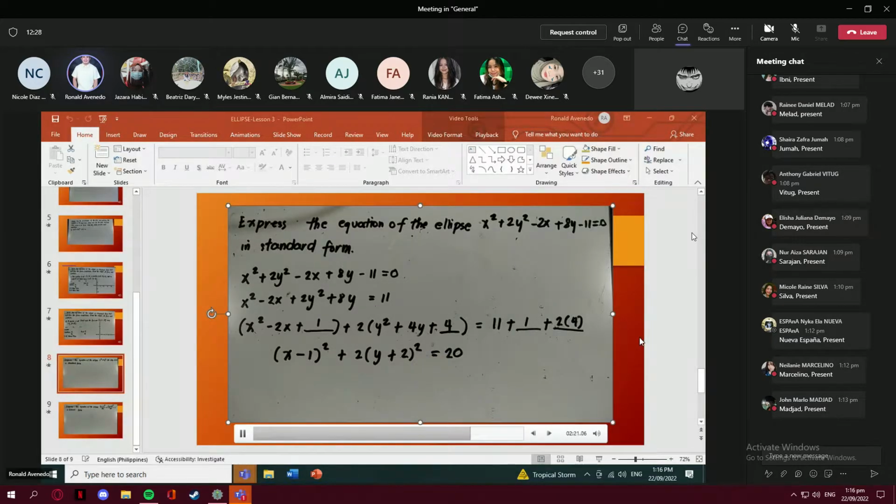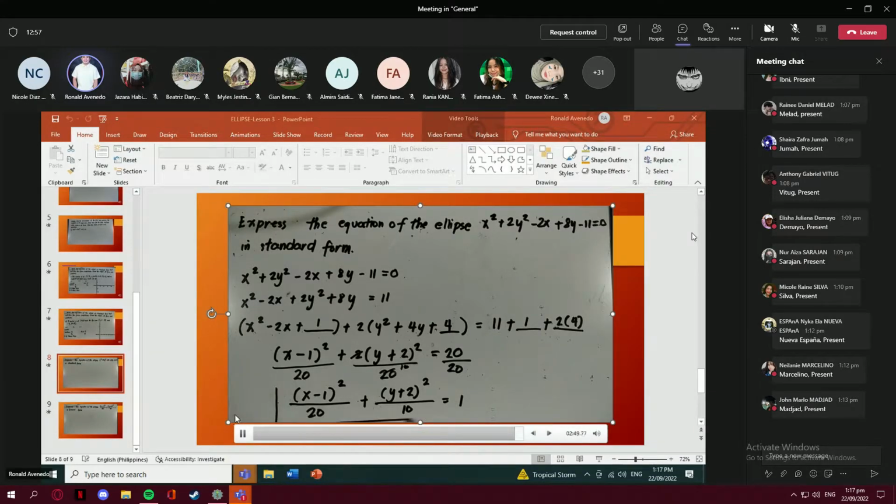The equation should equal 1, so divide all the terms by 20. So this is x minus 1 squared over 20 plus, 2 becomes 10, so y plus 2 squared over 10 is equal to 1.